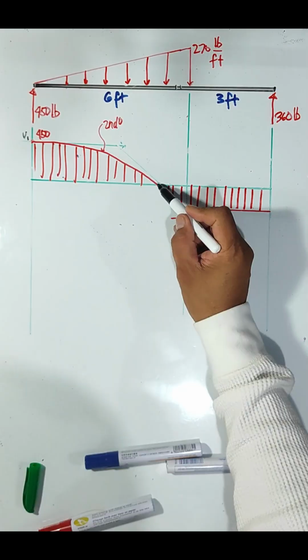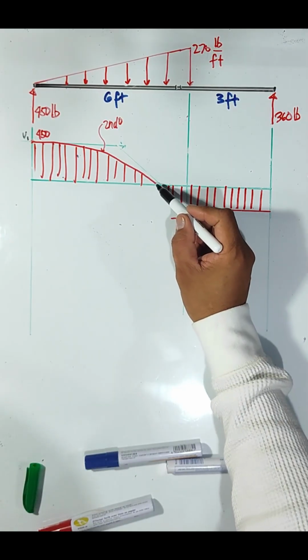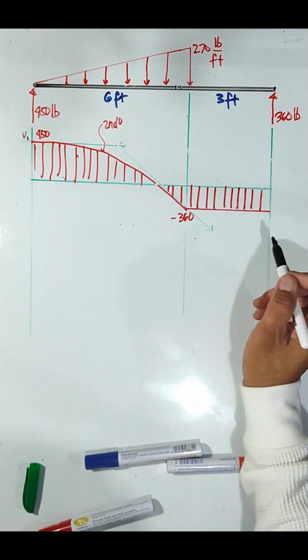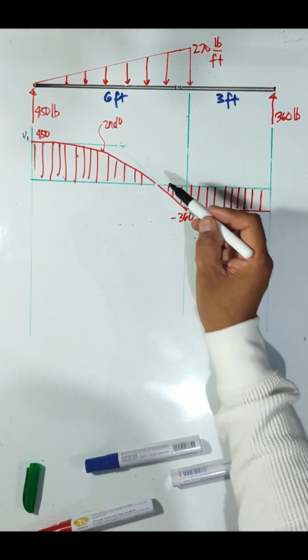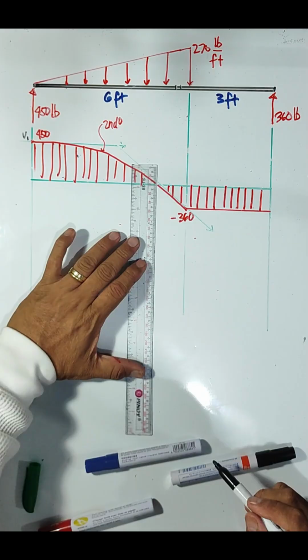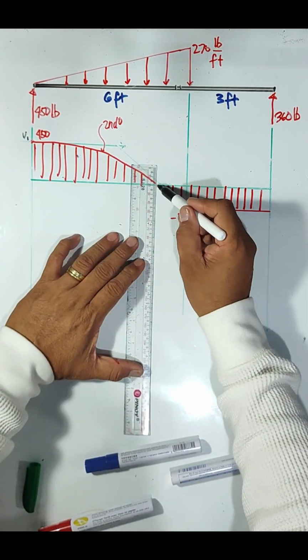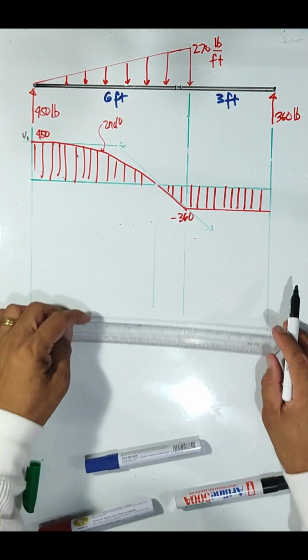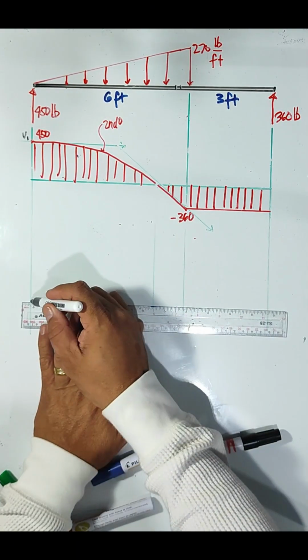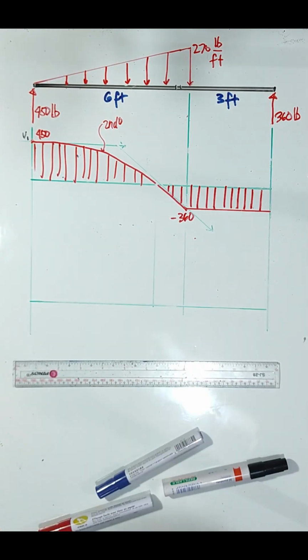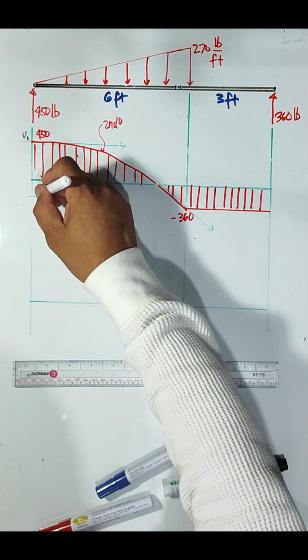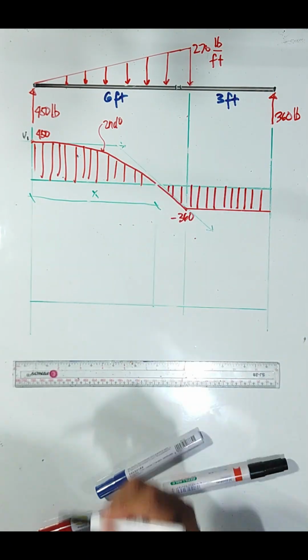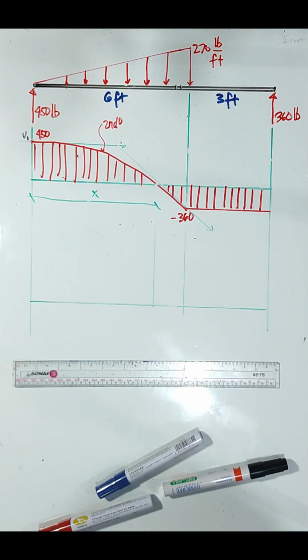Okay, over here, there's a point where the shear crosses the zero line, meaning the shear here is 0. That means we need a distance from the left to this point so we can solve the moment at this point, which is the maximum moment. First we will solve for this distance. Let's call that x. How are we going to solve that?